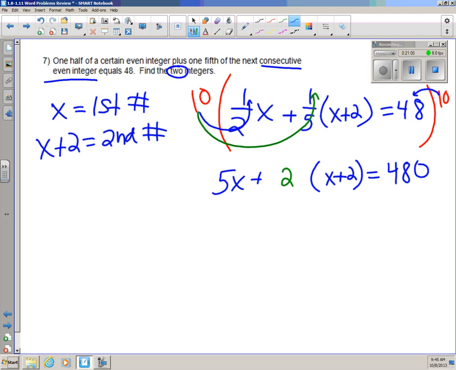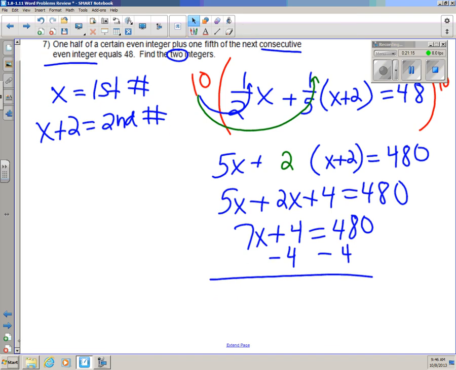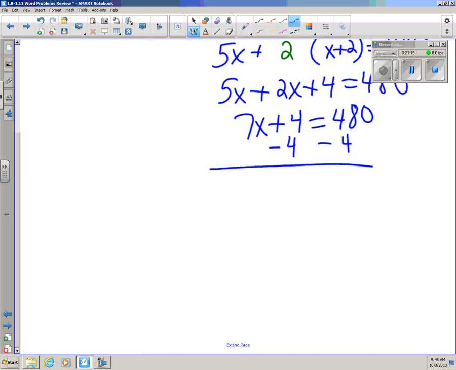Now I can again distribute: 5x plus 2x plus 4, 480. 7x plus 4, 480, subtract 4, drop this down, raise this up. So then we've got 7x equals 476.